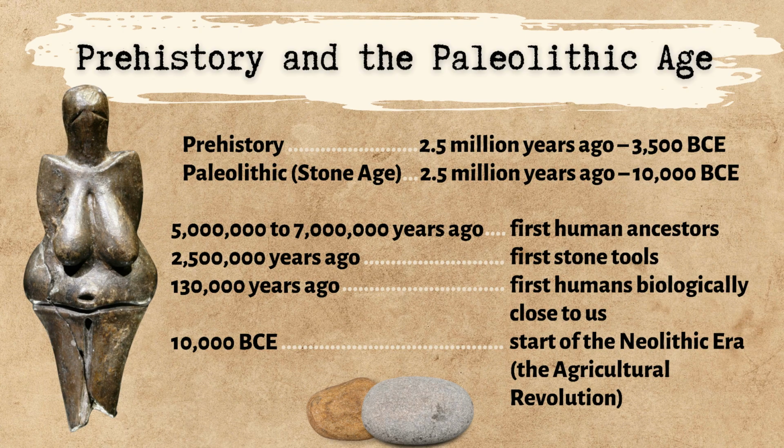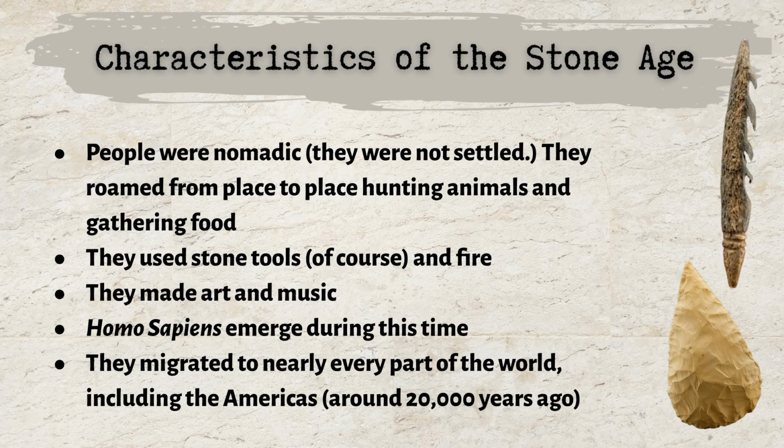The Venus figurine shown here is one example of the material evidence historians use to study people who lived long before written history. This slide summarizes some of the major characteristics historians associate with people living during the Stone Age. As you look through the list, do not treat these characteristics as a description of one single society.